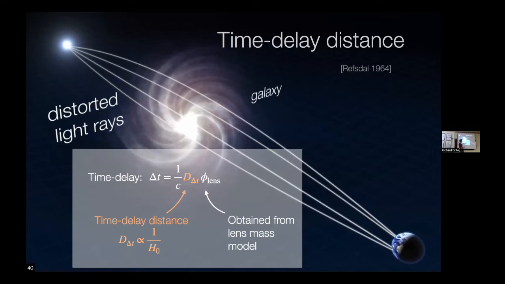That's a method that was proposed already in the 1960s, 1964 by Refsdal. So what you need is the measured time delay. You need the Fermat potential of the lens that comes from lens mass modeling. With these quantities, you can derive the time delay distance, and the time delay distance is proportional to 1 over H0. So that's the principle of the measurement.